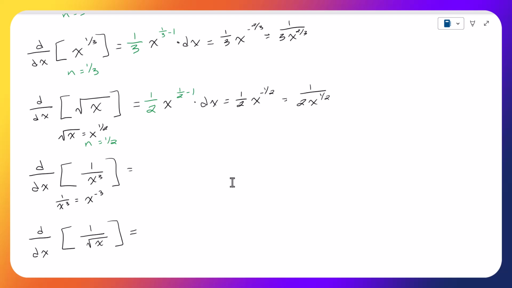And now we can just write n equals -3. We bring that out, -3 x to the -3 minus 1 times dx. That's just -3 x to the -4. The derivative of x is 1. Make our exponent positive again, -3 over x to the 4. I'm sorry, to the +4.